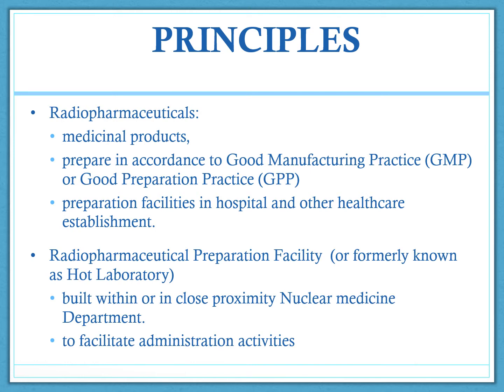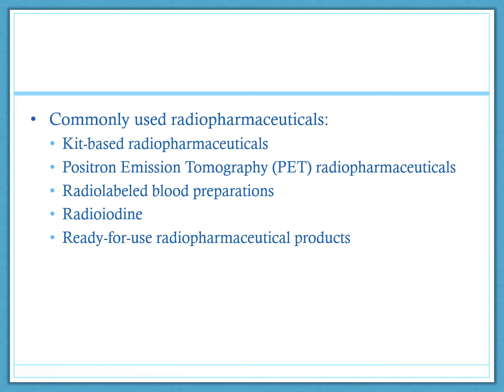The radiopharmaceutical preparation facility, formerly known as the hot lab, is built within or in close proximity to the nuclear medicine department. This is to ensure and facilitate the administration activities.